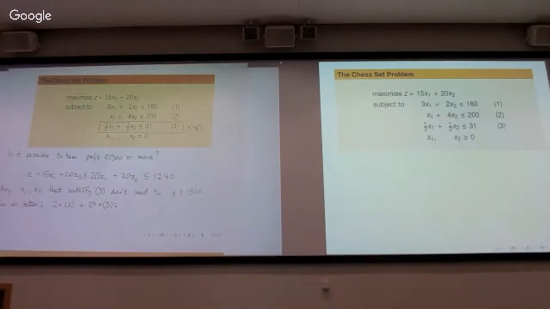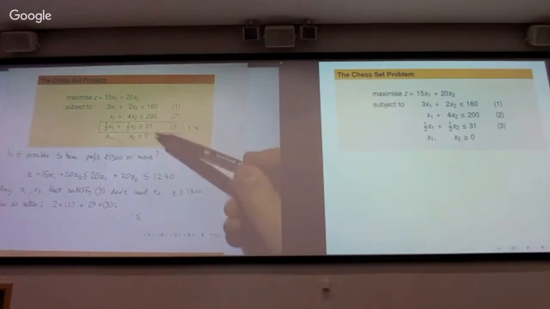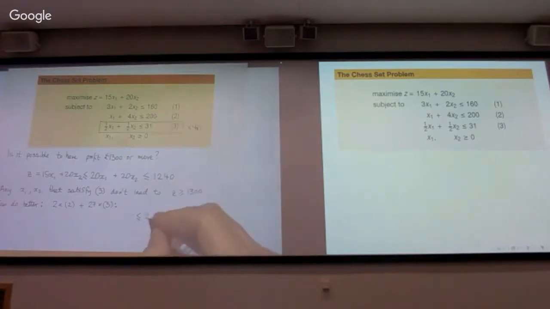And what we're going to have is, on the right-hand side, we have, well, 2 times 200 plus 27 times 31, which is, oh, I don't know what that is. I got, well, 37.